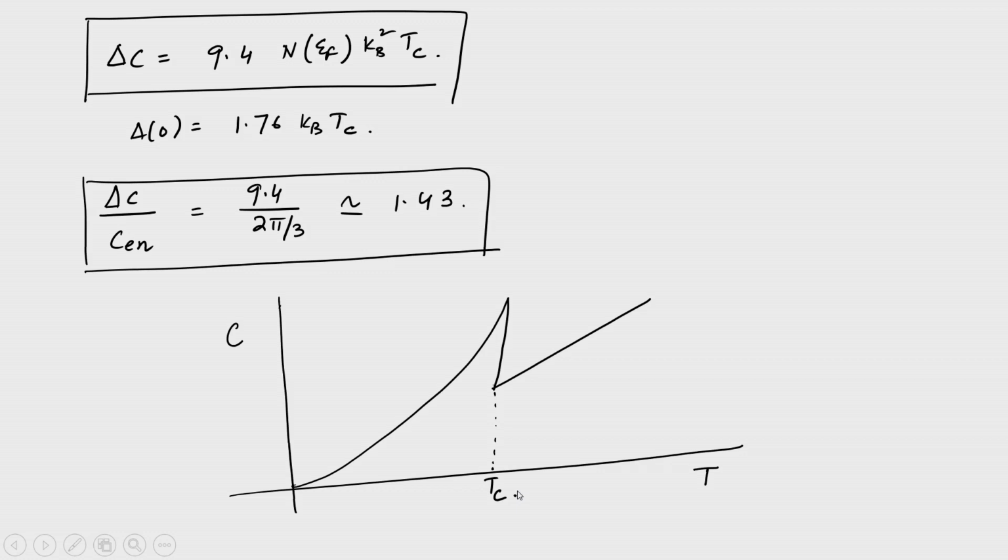And there is this discontinuity here, which is the delta C, and if you want this discontinuity to be divided by the CEN, whereas the normal specific heat goes like this, the dashed line, and so the normal state specific heat goes like this.